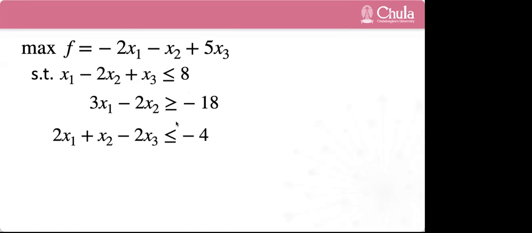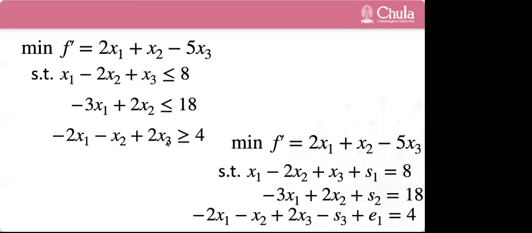But the problem is with this one, because once we change -4 to positive 4, this sign changes to greater or equal. You see that, greater or equal. So we need the two-phase algorithm in this case.